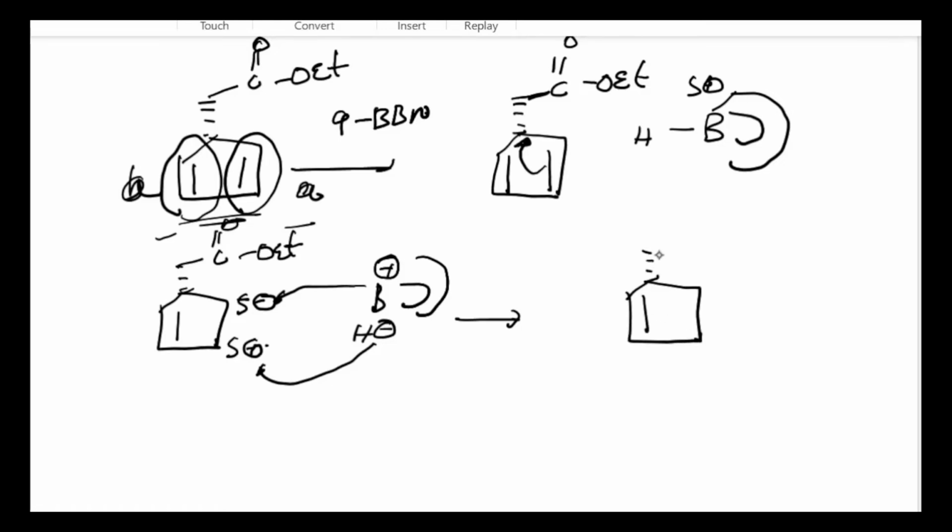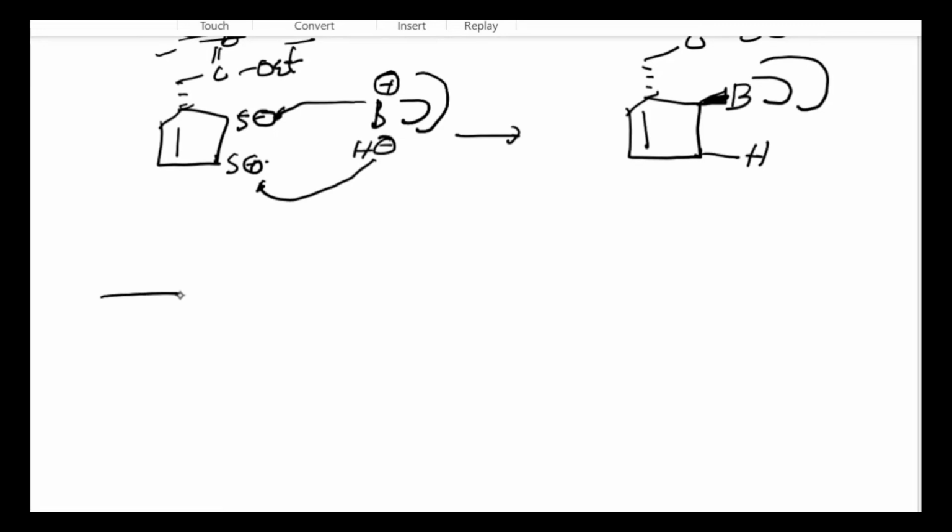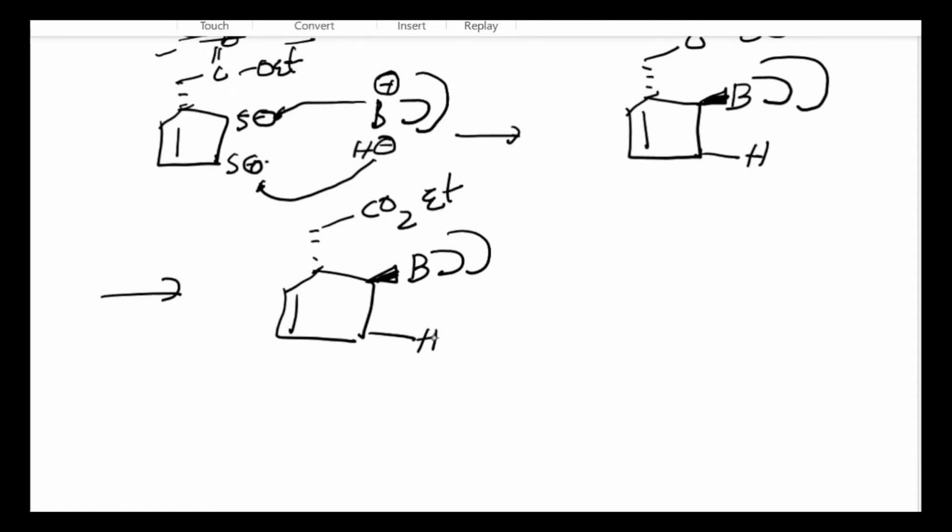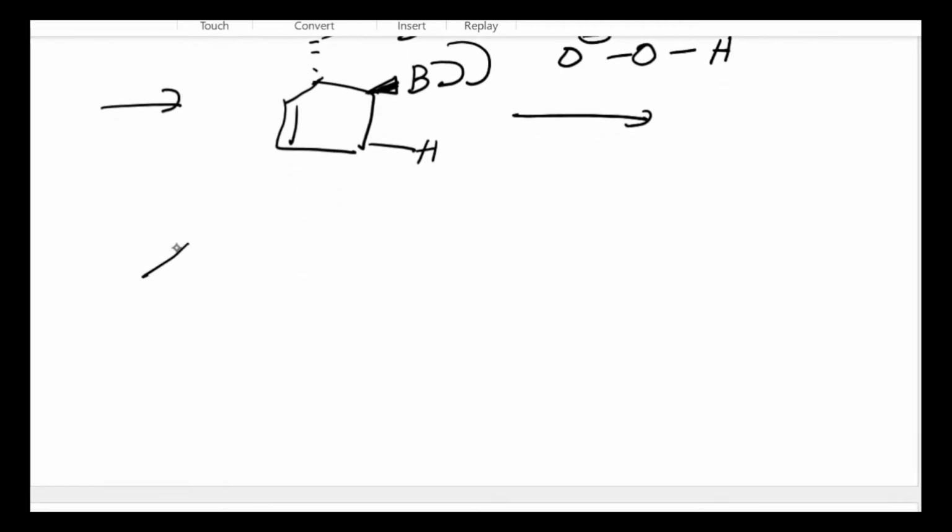So it is C=O, OEt, with boron like this, and there is an H. Now there is an oxidation, with O minus, O and H, resulting in the formation of an alcohol.